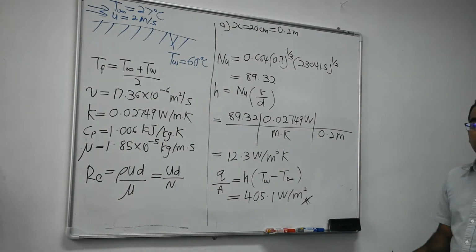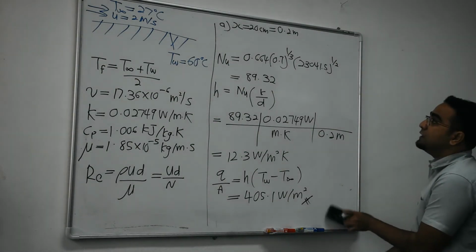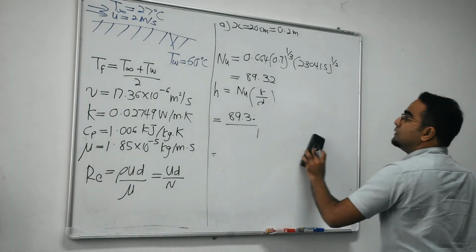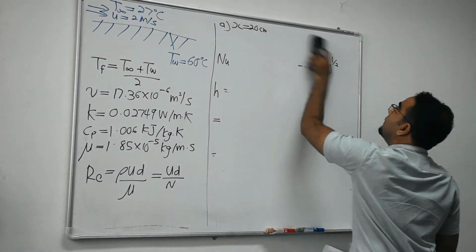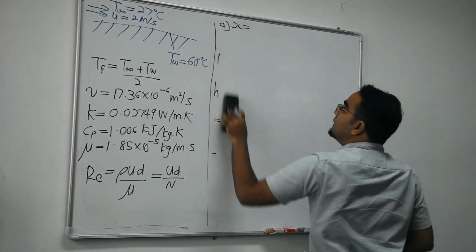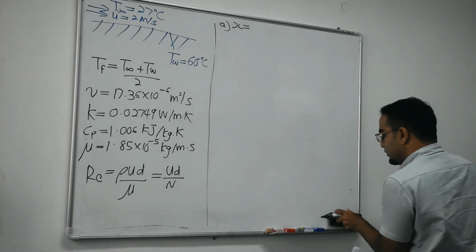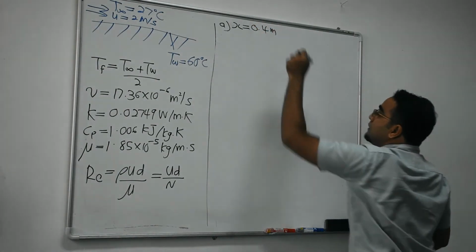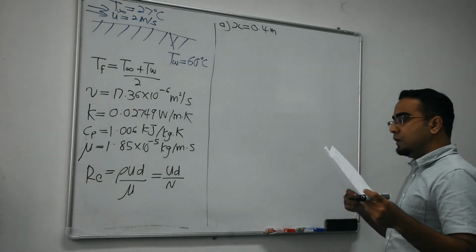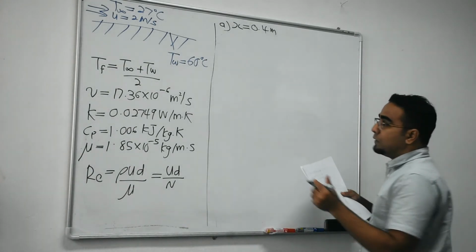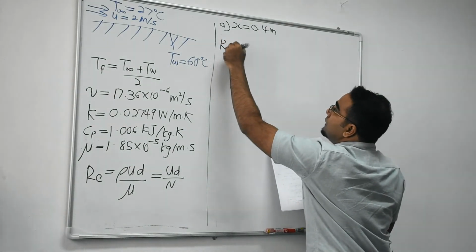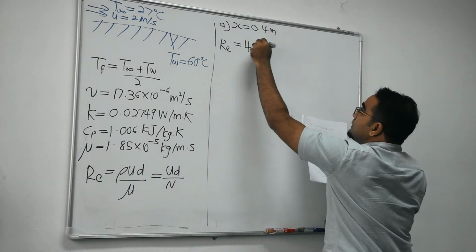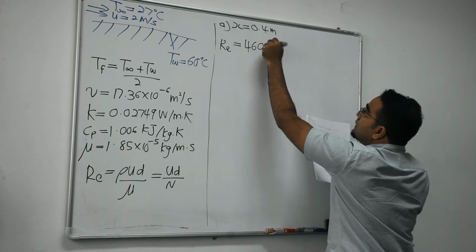So the same thing you have to do for x equal to 0.4. Instead of having x equal to 20 cm, we'll have x equal to 0.4 meter or 40 cm. So the same thing, you'll get your Re equal to 46,083.